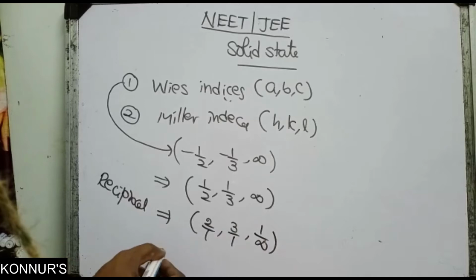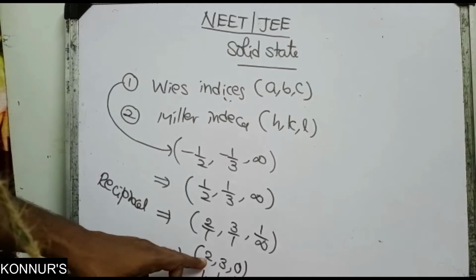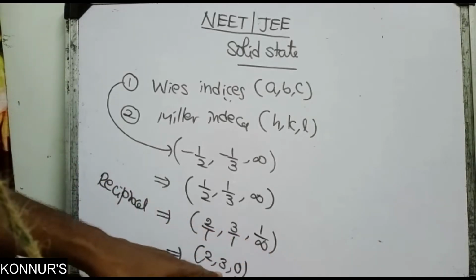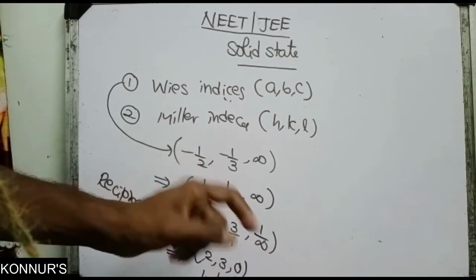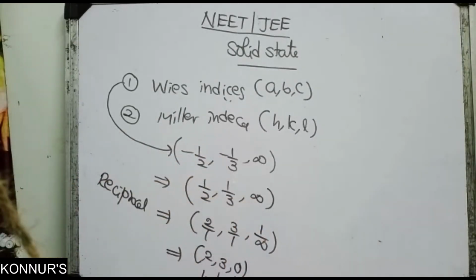The values become 2, 3, 0. This we call HKL. That means on the x-axis it is 2 distance, on the y-axis 3 distance, and on the z-axis we have not constructed anything. This is how to convert Weiss to Miller.